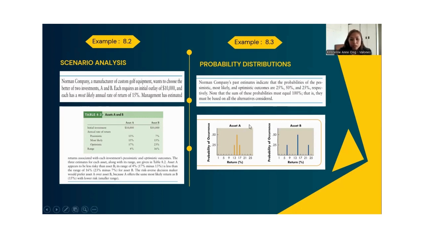In asset A, you will see here that if the probability of occurrence is 50%, the return is 15%, but the range is very small. Whereas in asset B, it has a wide range of returns if the probability of occurrence is 25 to 50%.